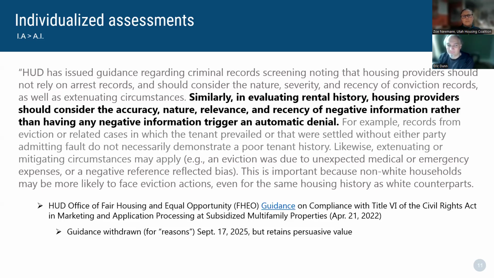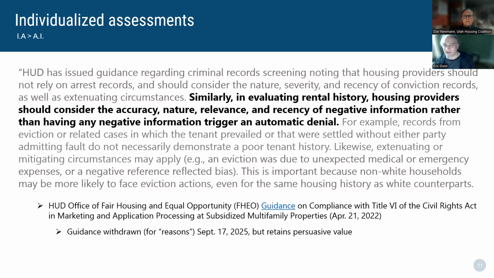HUD in 2022 and again in 2024 issued guidance around these things, basically pointing out some of the circumstances that you should consider when you're looking at things, not only criminal records, which they first pointed out in 2016, but also things like eviction records and credit.